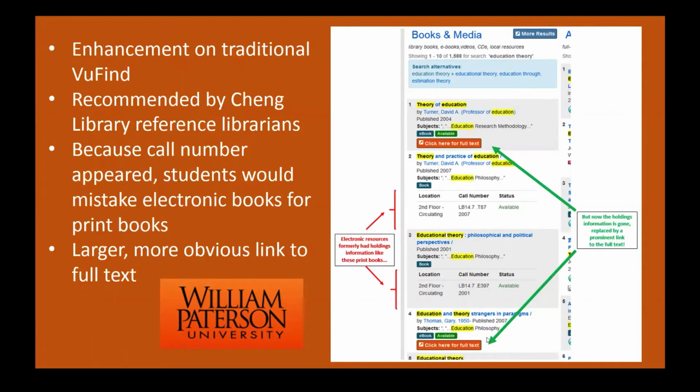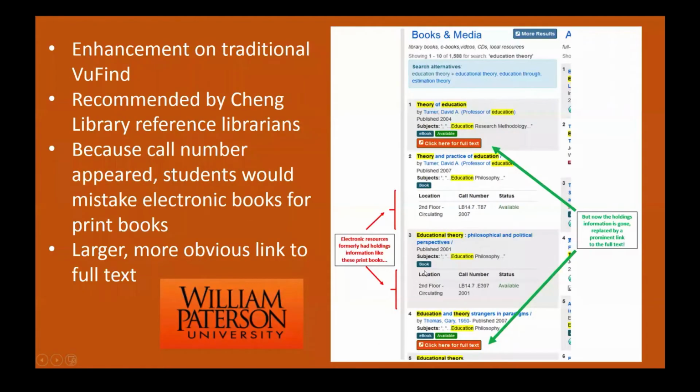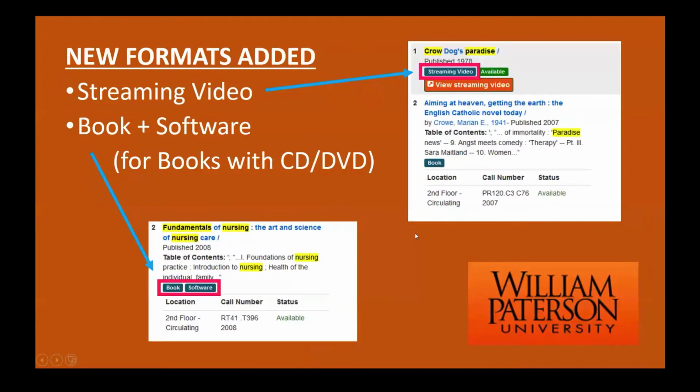So then another thing we did was that these are our format icons here. As you saw before, there was one for the ebook and the book. So we have various format icons. For streaming video, last year when we started working on the project, there was no icon available for streaming videos.